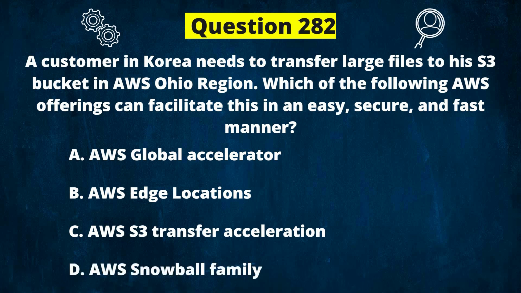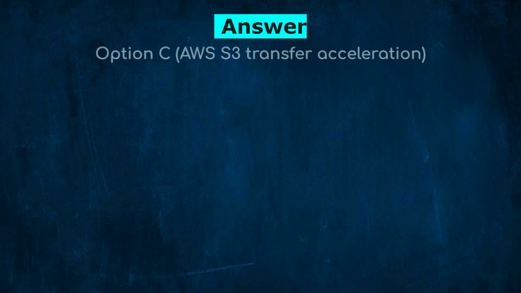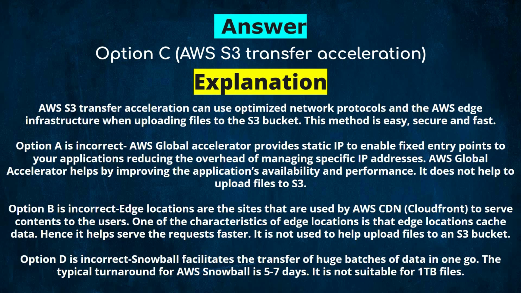D, AWS Snowball Family. And the correct answer is option C, AWS S3 Transfer Acceleration. Explanation. AWS S3 Transfer Acceleration can use optimized network protocols and the AWS Edge infrastructure when uploading files to the S3 bucket. This method is easy, secure, and fast.